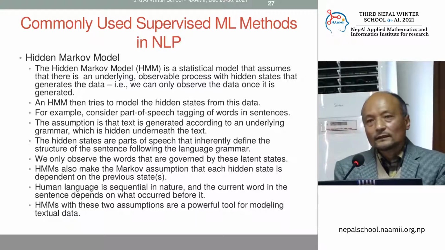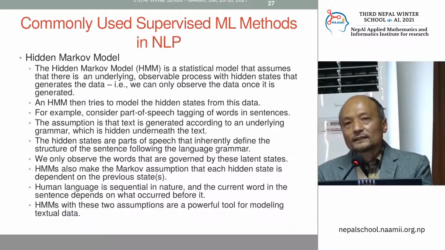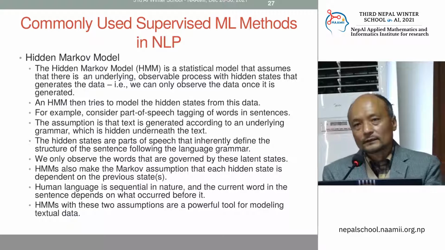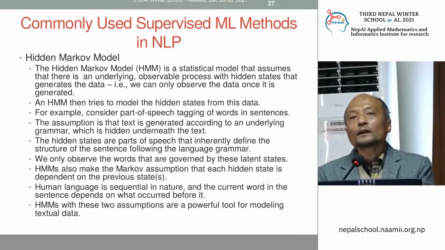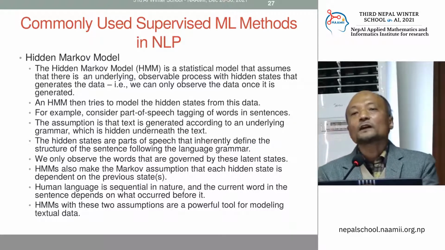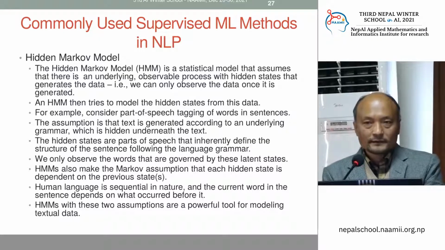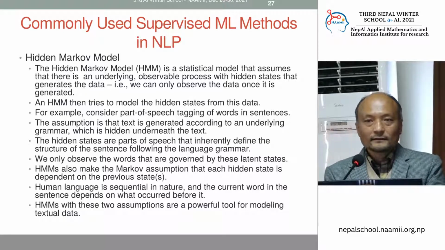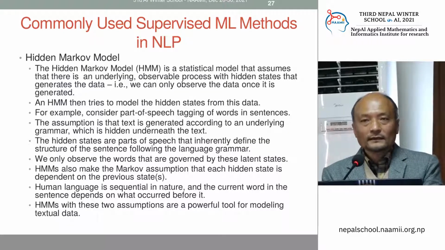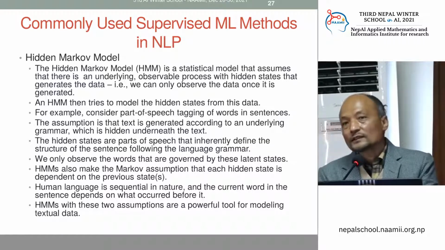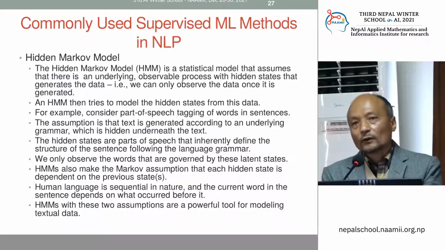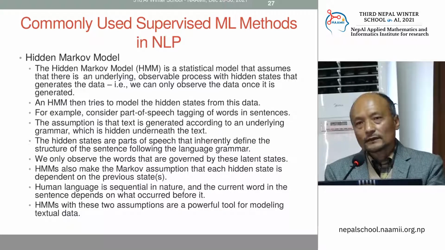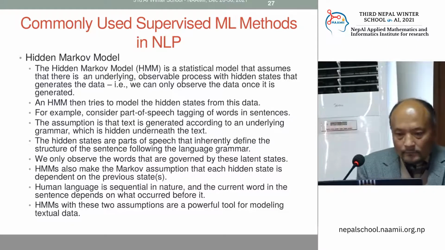And here the context would be important. Context meaning which words were tagged with which parts of speech earlier. Depending on that information, the successive or sequential word would be tagged with a particular parts of speech accordingly.